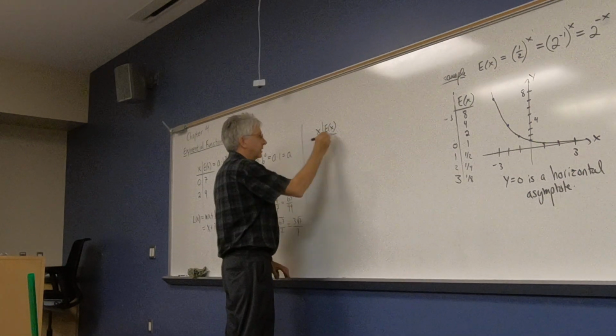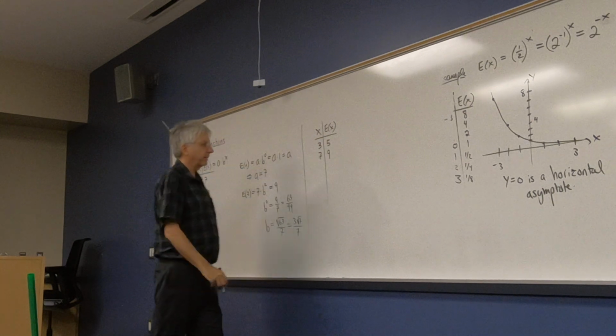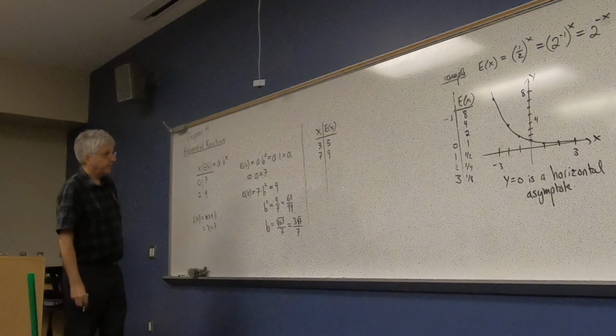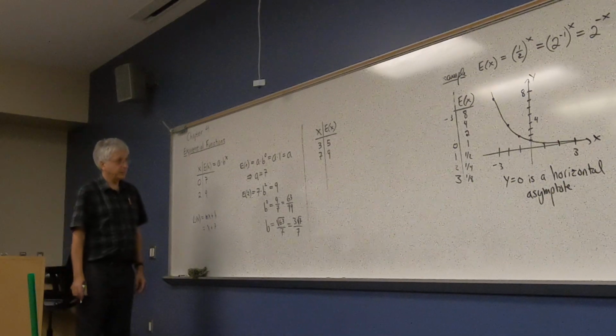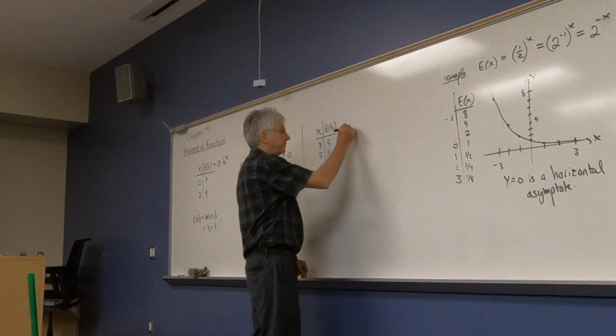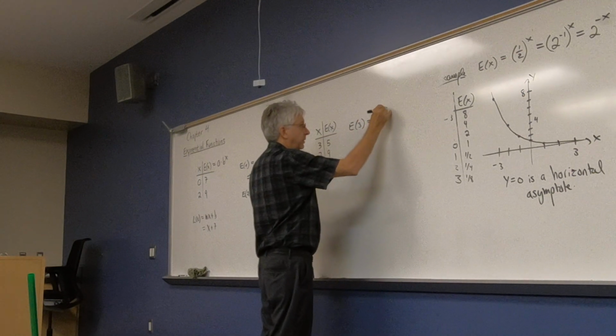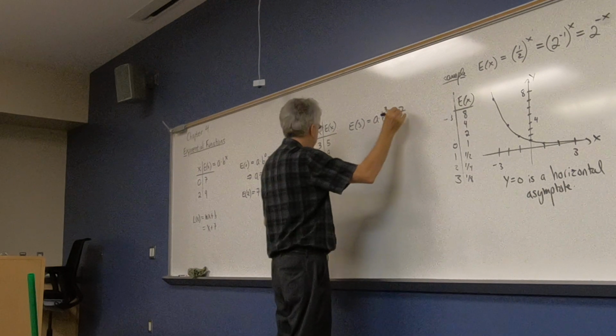So I don't know, 3, 5, 7, 9. I'm just picking a sequence of odd numbers. So now what do I know? I know E of 3 is a times b to the 3rd, and that's equal to 5.